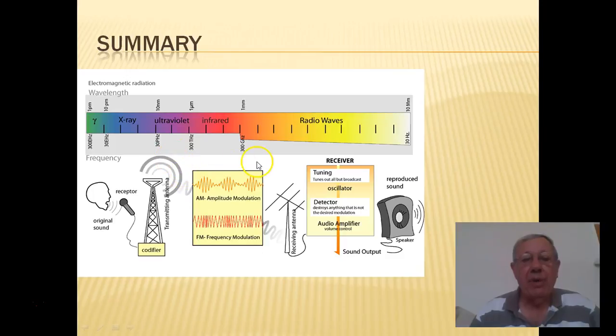These radio waves travel out through the Earth's atmosphere and get to an aerial, and at that aerial it makes a current, an alternating current going backwards and forwards. That's then processed, and in the case of the amplitude modulated waves, the bottom half is cut out. The sound then goes to the speaker and comes out as sound waves. So that's the story of FM, frequency modulated, and AM, amplitude modulated radio waves.